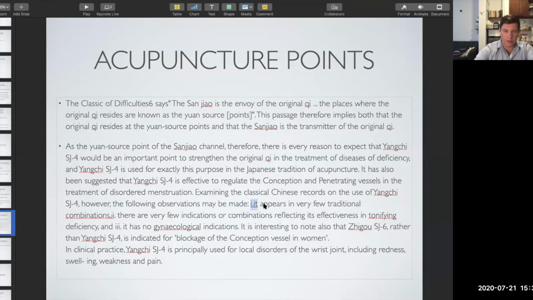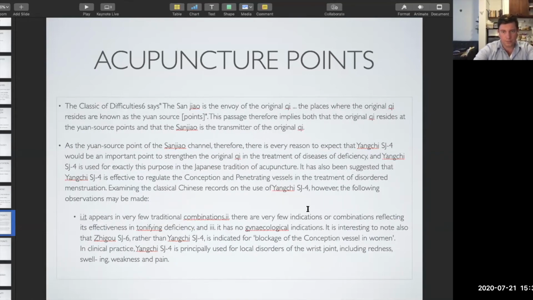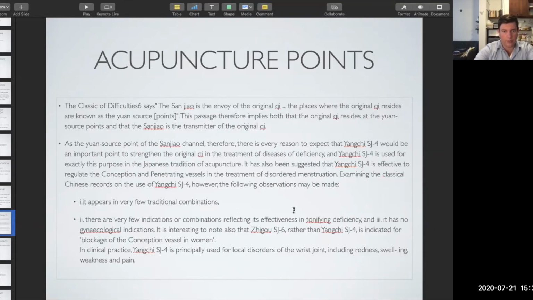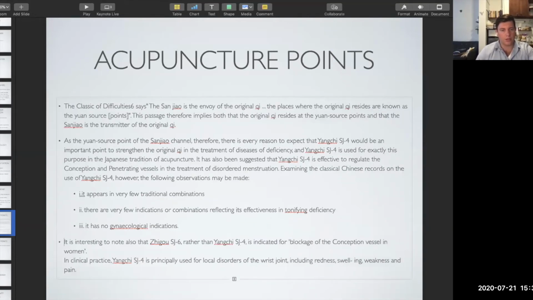Two, there are very few indications for its effectiveness in tonifying deficiency. Three, it has no gynecological indications. It is also interesting to note that Sanjiao 6 rather than Sanjiao 4 is indicated for blockage of the conception vessel in women.